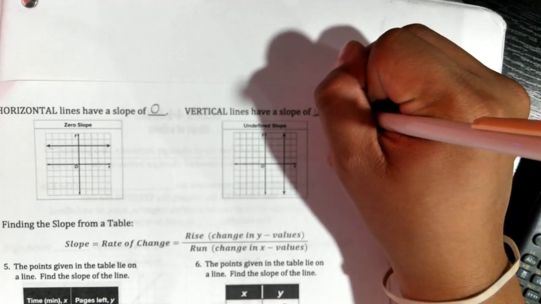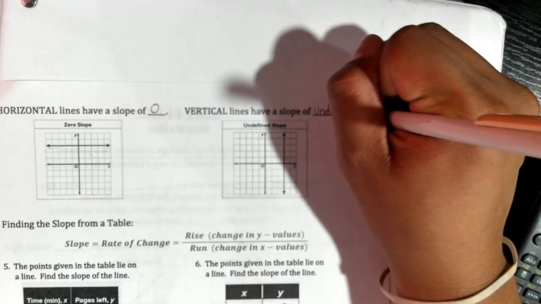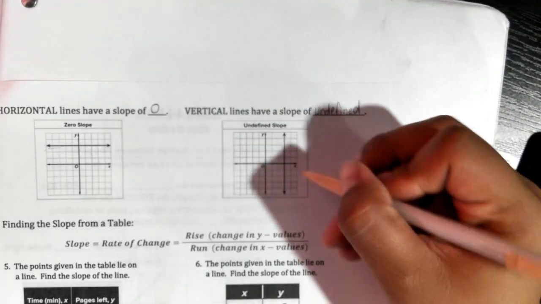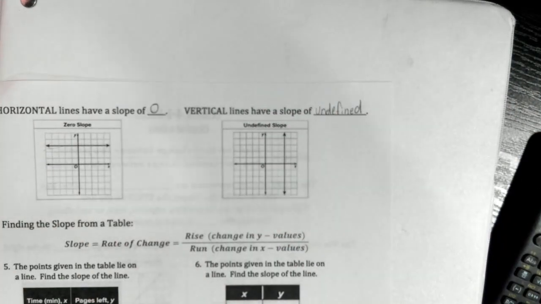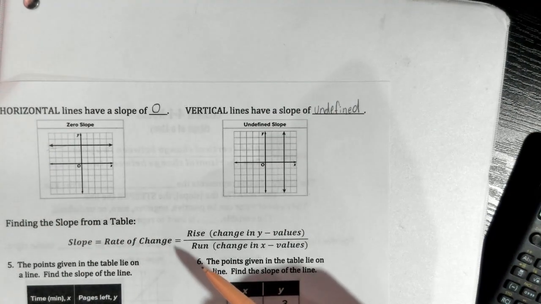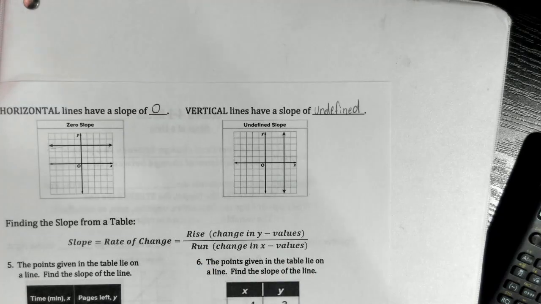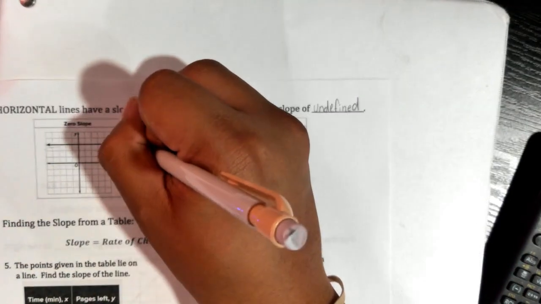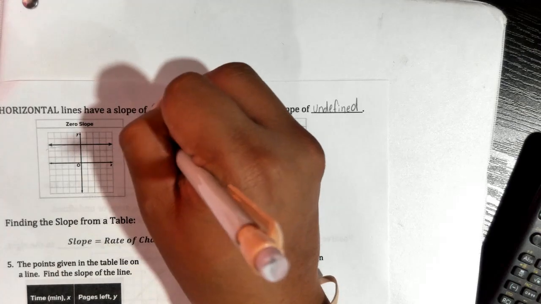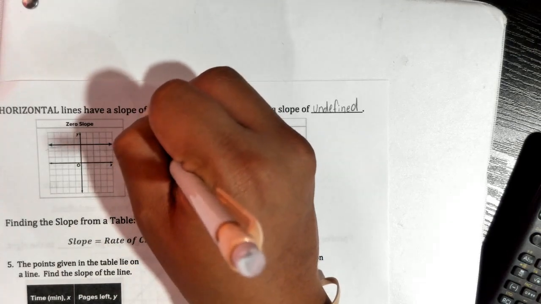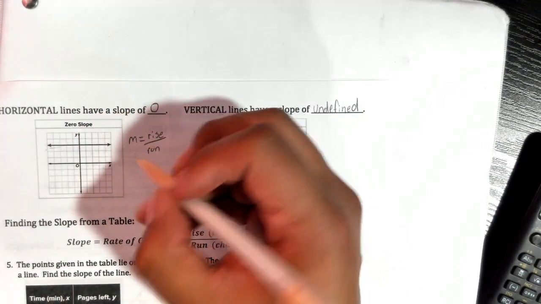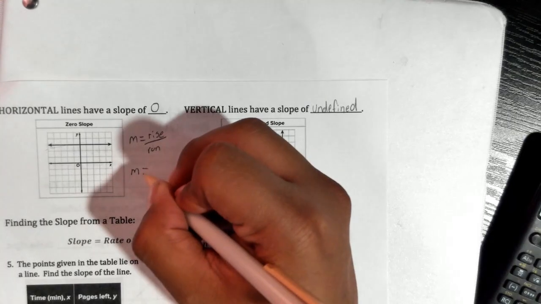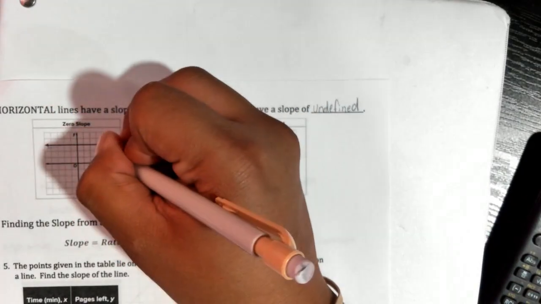So you must put undefined any time you see a vertical line. Because technically, if I were to do the whole rise over the run, there is necessarily no run I can choose to make this correct.